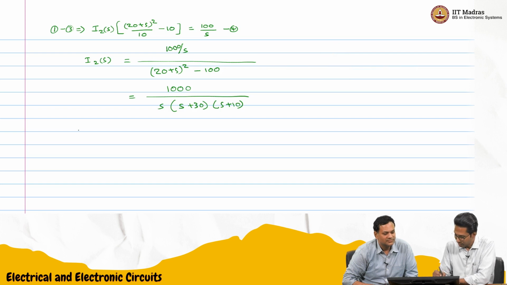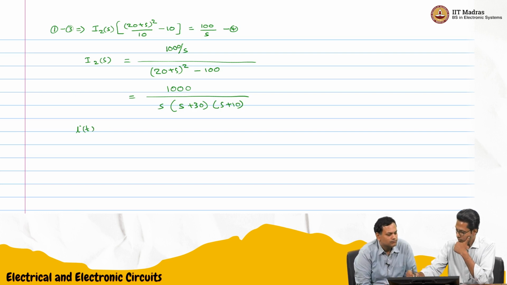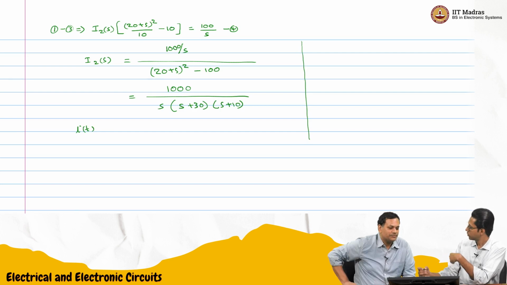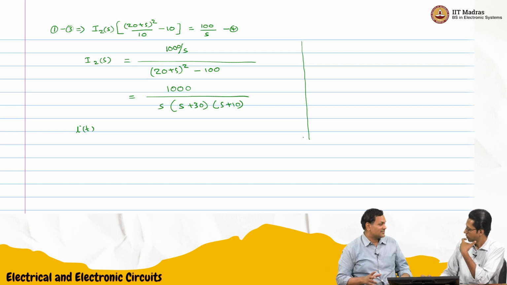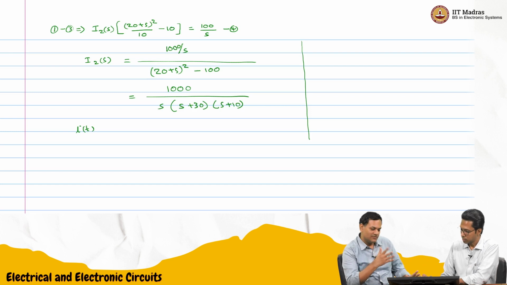Looks very clean, but we want I of t. So what shall we do? Last time we have done something, no? We have split this into a sum of individual fractions. We need to do the same thing here.